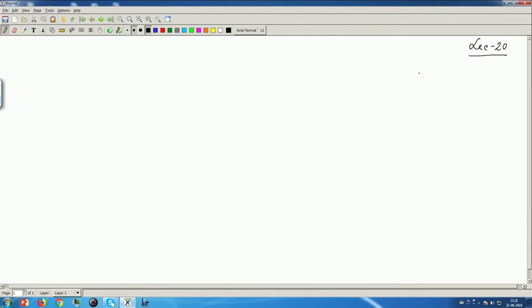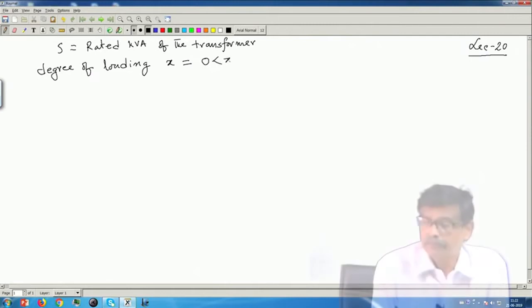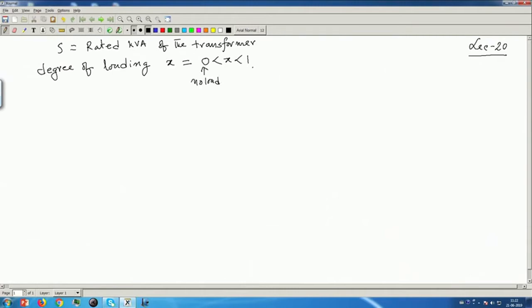As you know, we were discussing how to estimate the efficiency of a transformer. You recall that I assumed S to be the rated kVA of the transformer, and then I defined a degree of loading factor, represented by x, whose value will normally be between 0 and 1. 0 corresponds to no load and 1 corresponds to rated condition.